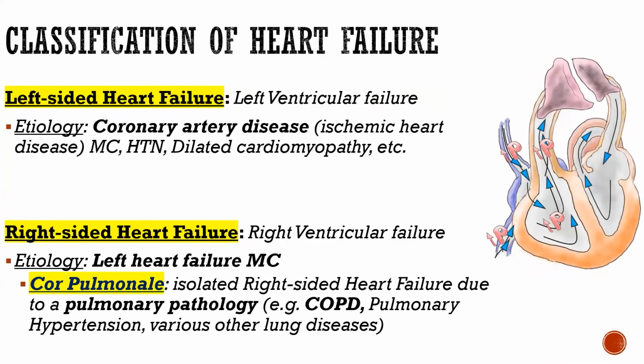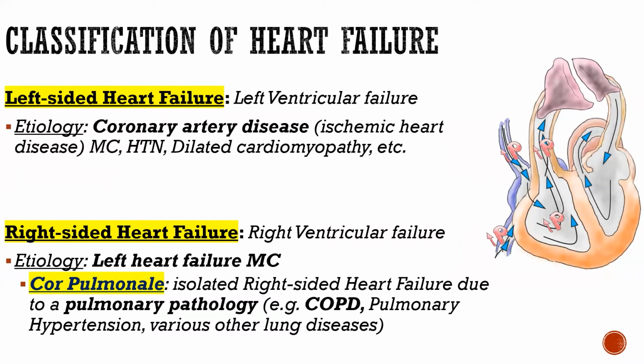We can also classify heart failure based upon if we're dealing with a left-sided heart failure or a right-sided heart failure. Now, in general, when we say heart failure, we're usually talking about left-sided heart failure or a combination of left and right-sided heart failure. However, in some instances, we can actually have something called cor pulmonale, which is isolated right heart failure.